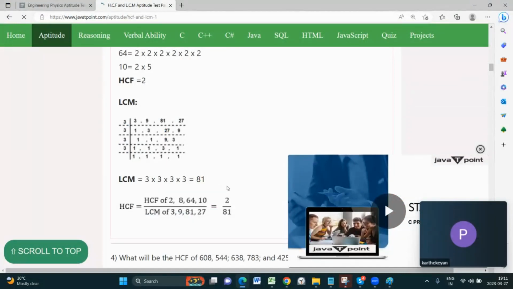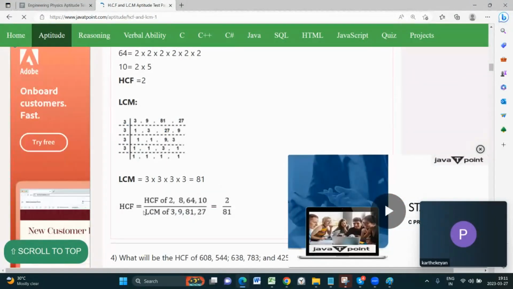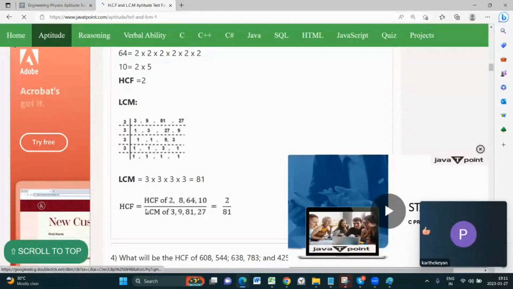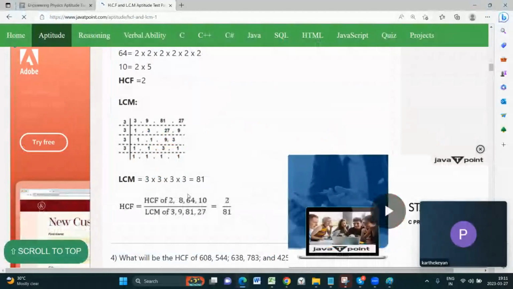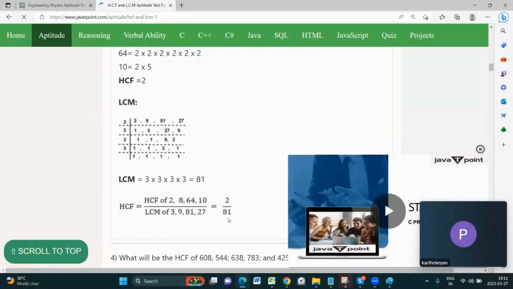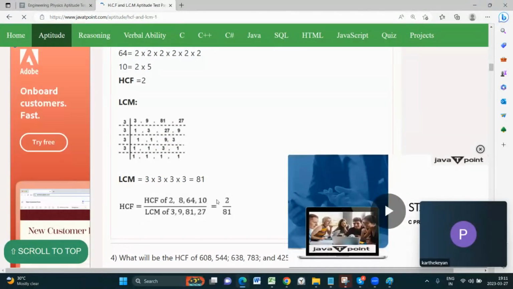Understood? They took the LCM of the bottom and the HCF of the top, because they wanted to conclude based on the common denominator. So they made the LCM 81 common across and then found the HCF.